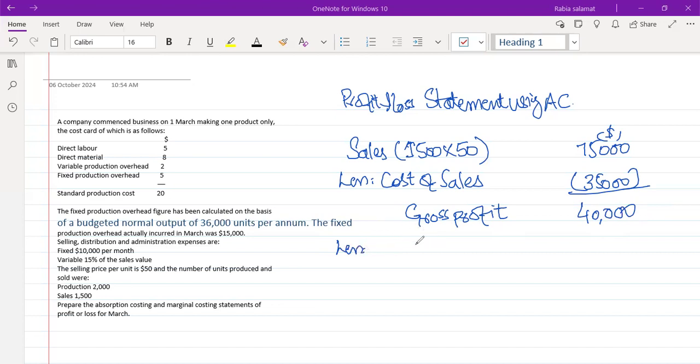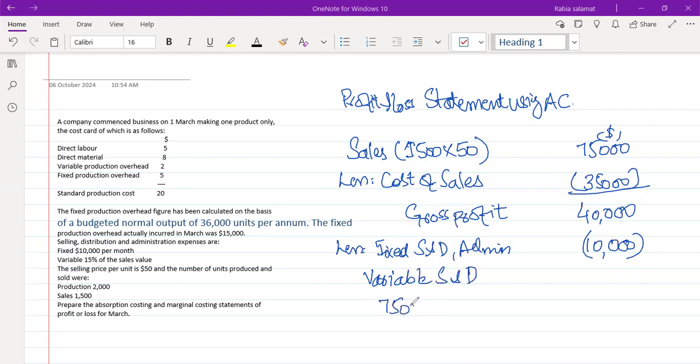That is fixed selling and administration, 10,000. Selling, distribution, and administration is 10,000. Variable is 15% of sales value. Sales value is 75,000 into 0.15.